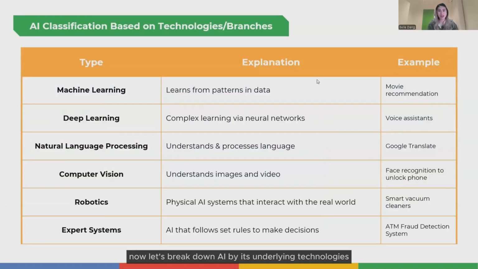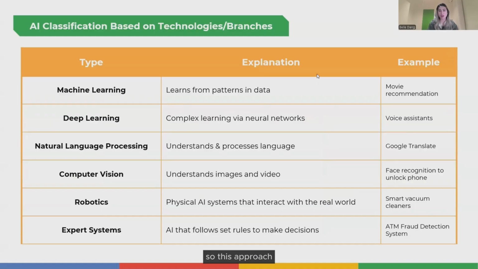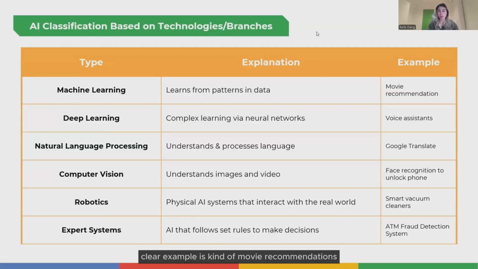Now, let's break down AI by its underlying technologies. This approach categorizes systems based on the methods they use. First, we have machine learning, which means AI that learns patterns from data. The clearest example is movie recommendations. It learns from your previously watched movies and recommends similar ones.